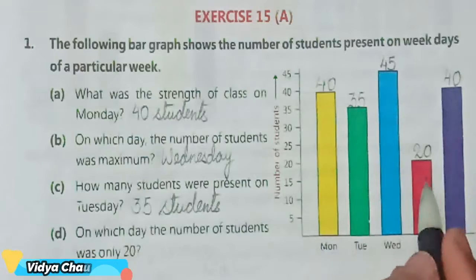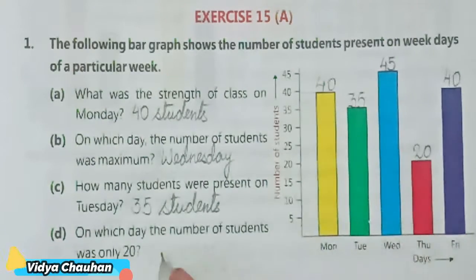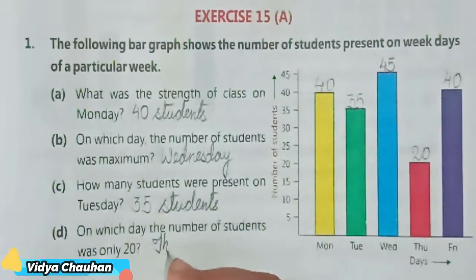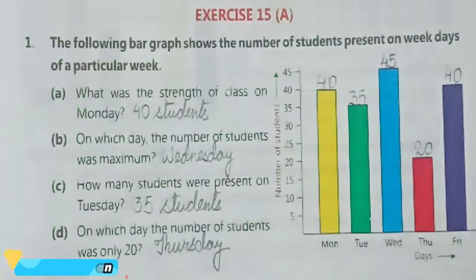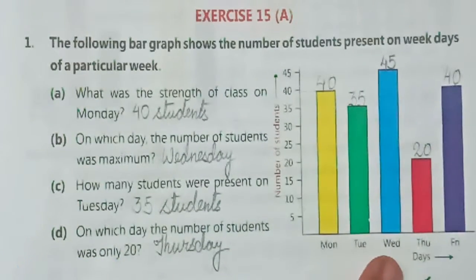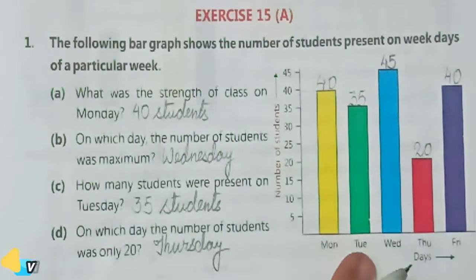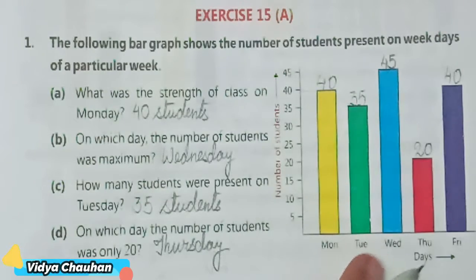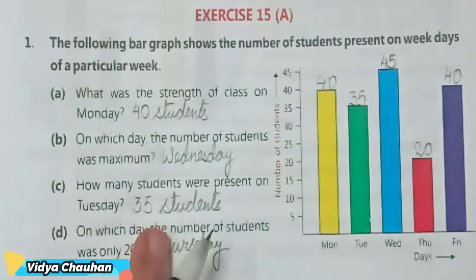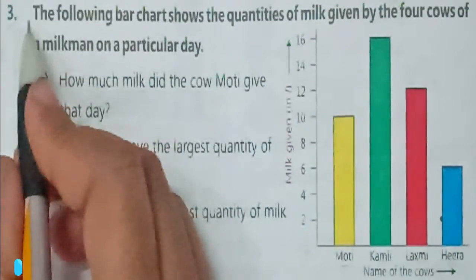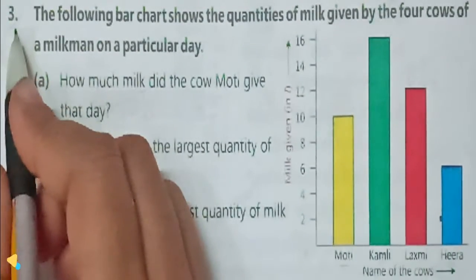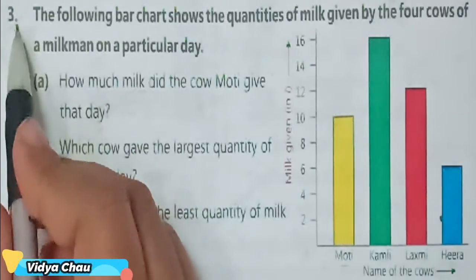Only 20 students were present on Thursday. So your correct answer is Thursday. So this is how you can read the bar graph or the information given in the form of a table or bars, and you can answer the questions in the same manner. Clear students?